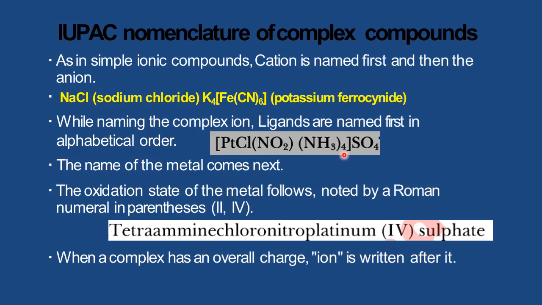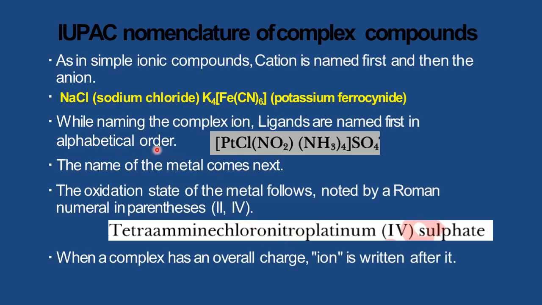Four amines. That is why we have written tetraamine. We name amine first because it starts with A, then chloro as it starts with C, after that nitro as it starts with N. So we have to follow the alphabetical order.